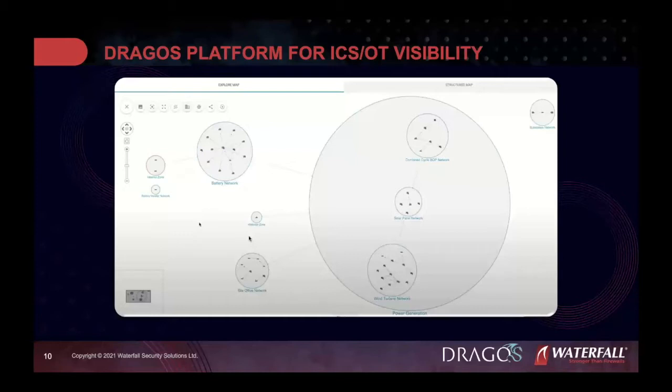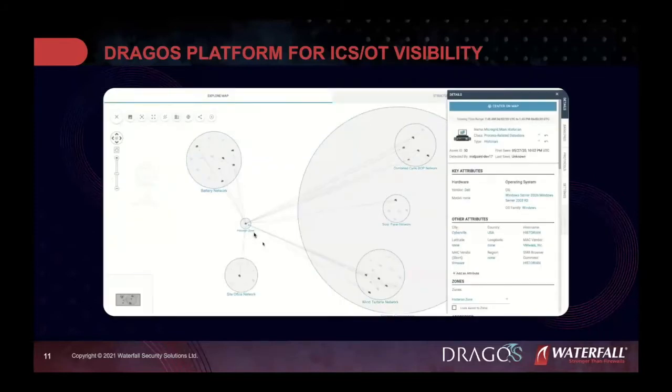From here, we can zone based off IP space, types of assets, and types of vendors that we see. But in this case, we have them zoned off by the actual plants, and then we have an additional zone for the historian. The historian has connections to a lot of other places within the network at this energy facility, and seeing this visualized helps me understand that it's a very important asset.